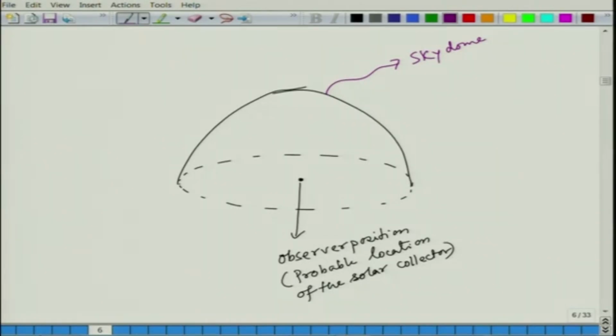Now, suppose we have the sun somewhere here. So, the beam direction will be this.